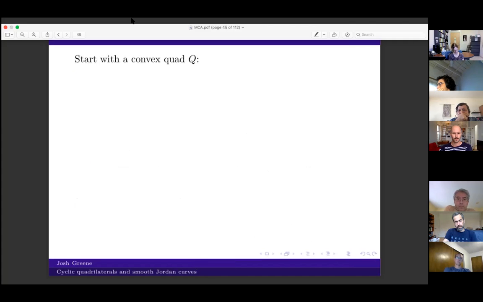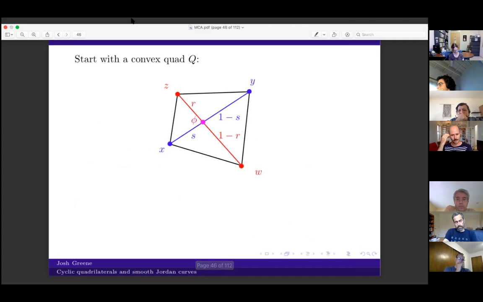If we have a convex quadrilateral pictured in this way, I can record a few parameters. There's the angle at which the diagonals meet, and then there are the proportions into which the diagonals cut one another. Those R's and S's are intended to represent proportions.